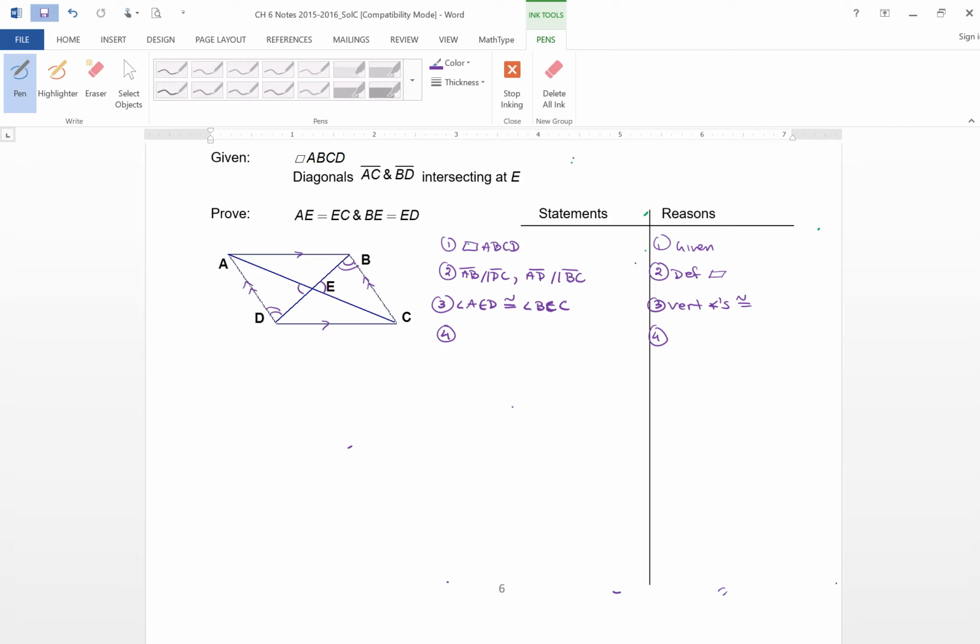So this one, it's going to be angle ADE, congruent to angle EBC. Parallel lines means alternate interior angles are congruent. Okay. Number 5.